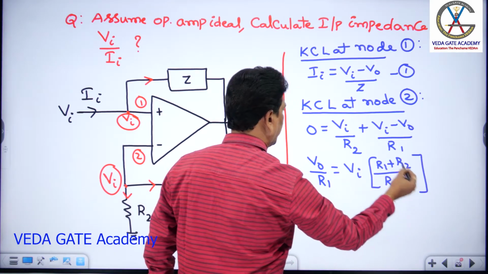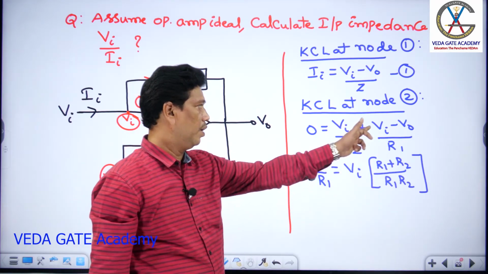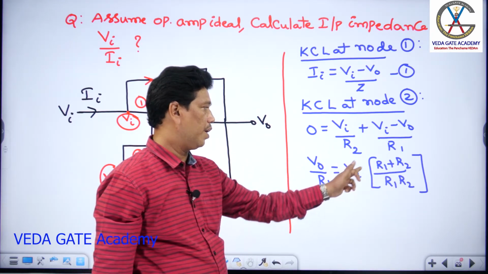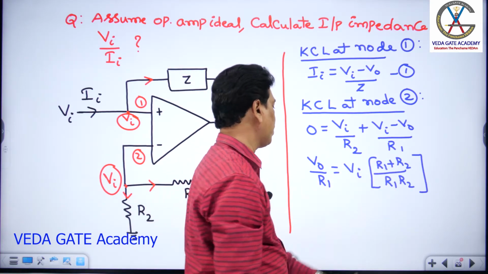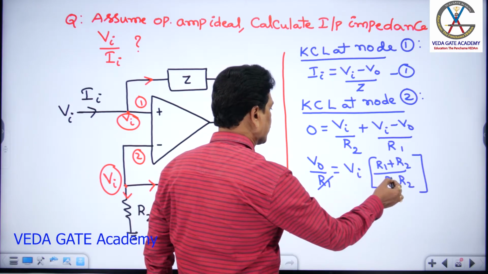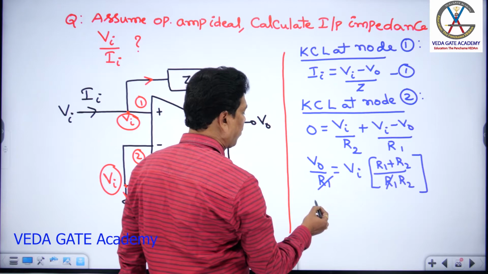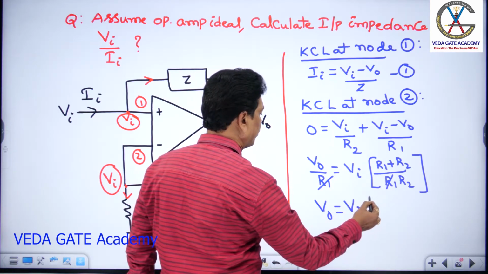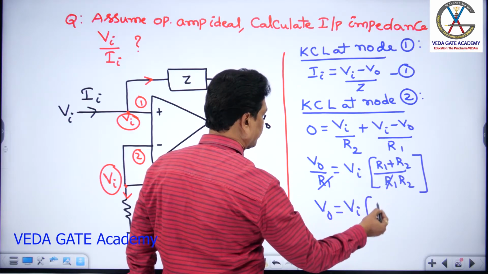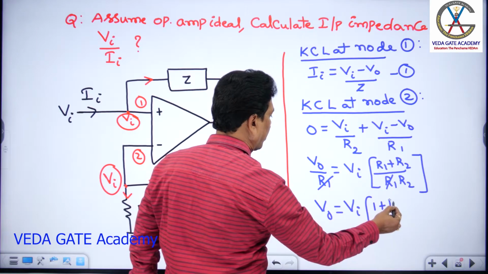So V0 by R1 equals Vi times (R1 plus R2) by R1 R2. R1 gets cancelled, so V0 is Vi into (1 plus R1 by R2).